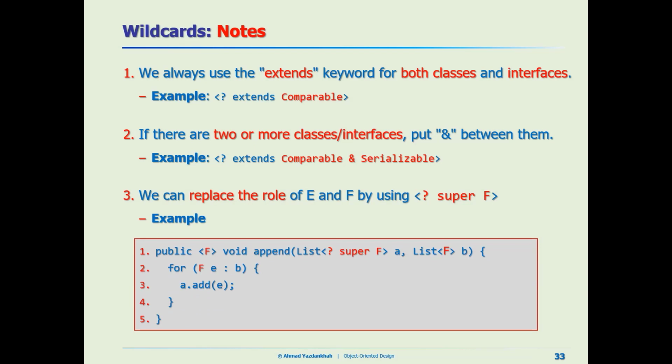Instead of using question mark extends E here, we would say question mark super F. We're using the opposite side of the wildcards, right? And this F is coming here as well, and we just need one type variable. Cool. So far, so good.